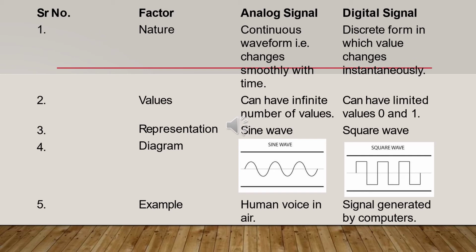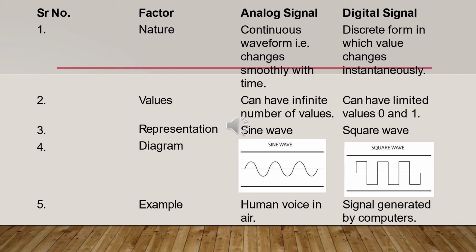Let us look at the difference between analog signals and digital signals by using different factors that are being displayed in front of you. Here we have taken different behaviors or properties. We have taken the nature of both signals, which we have already discussed. We have taken the values which we generally use in both signals, analog and digital.